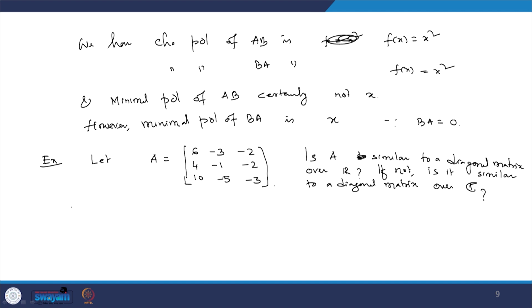To answer this question, first of all we have to find the characteristic polynomial of this matrix.